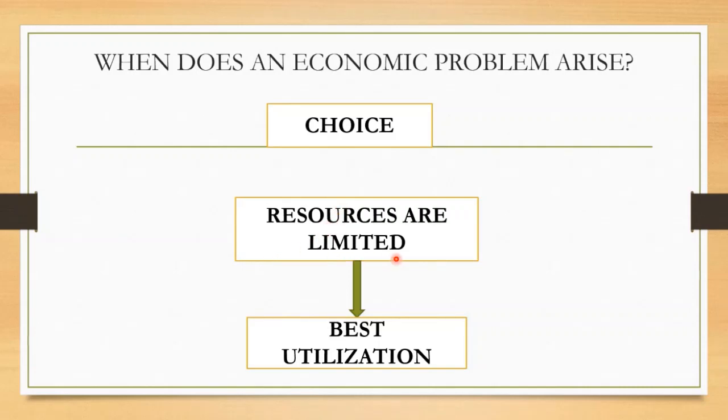And when resources are limited, we choose the best combination, which means how can you utilize rupees 10 in the best way possible. So, why did you have to choose? Because of the limited resource. And the problem that arises because of this is known as the economic problem.